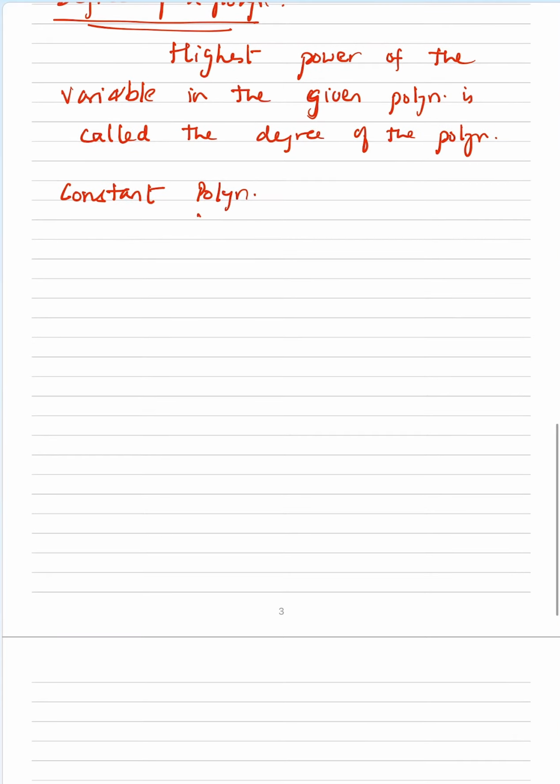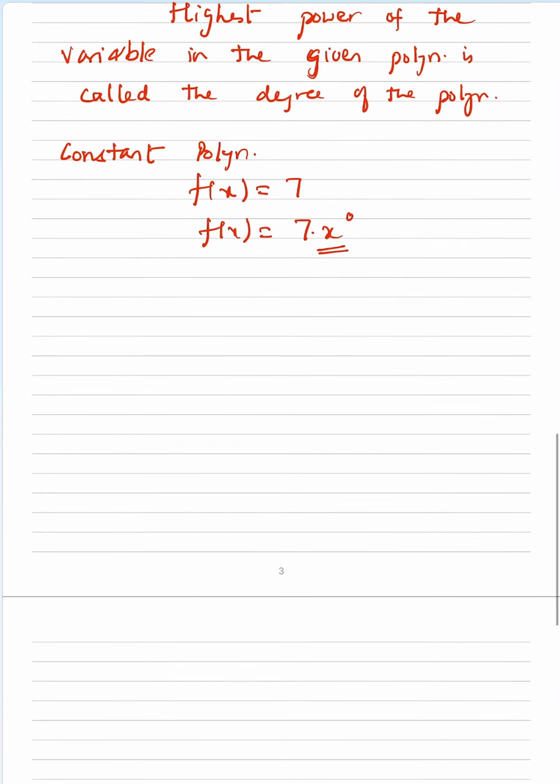Suppose I give you f of x is equal to 7, then I can write it f of x is equal to 7 into x raised to 0. This is the variable which is having the power 0. So this is called the constant polynomial. So we can write that a polynomial of degree 0 is called a constant polynomial.